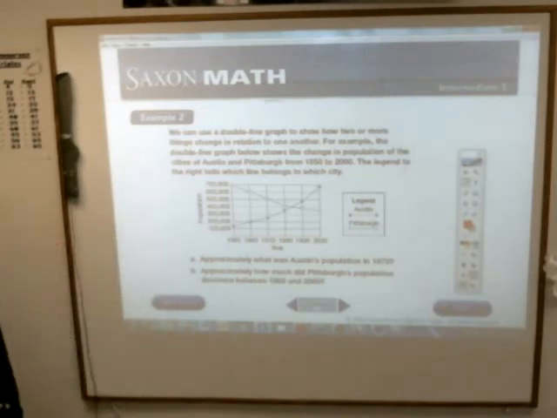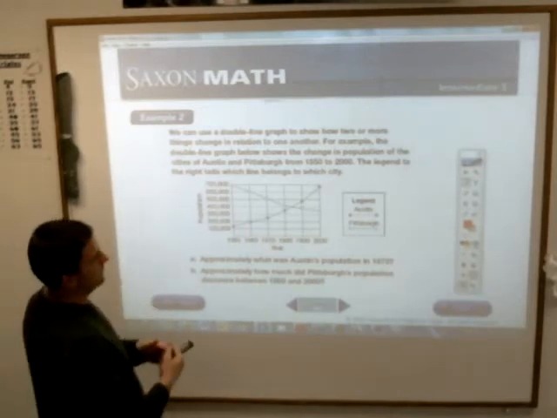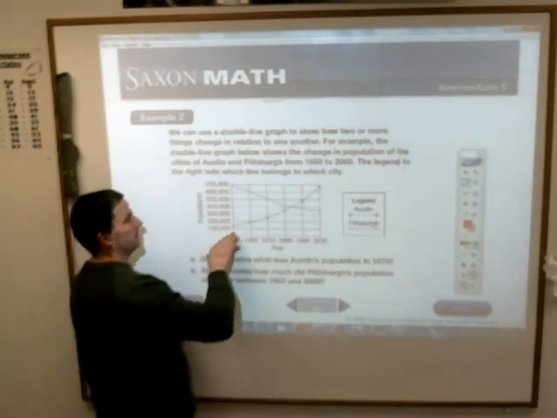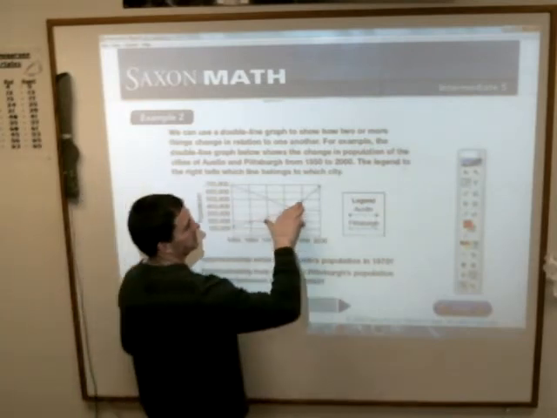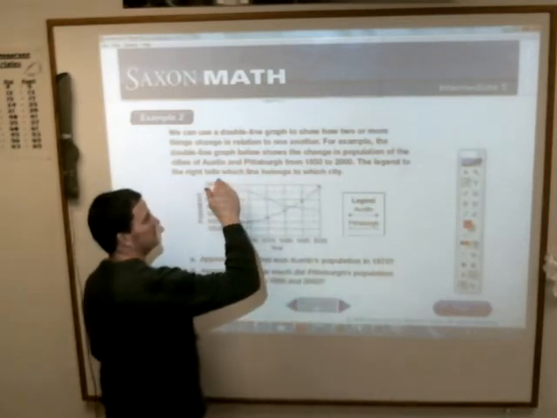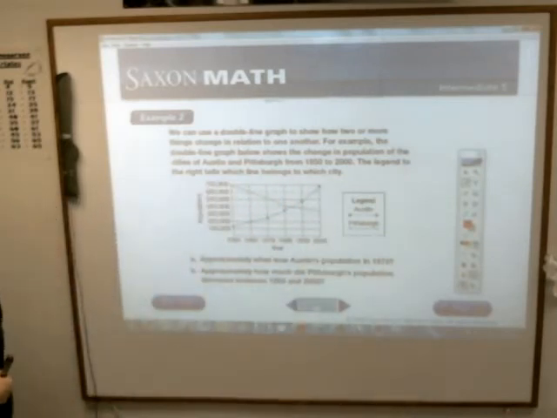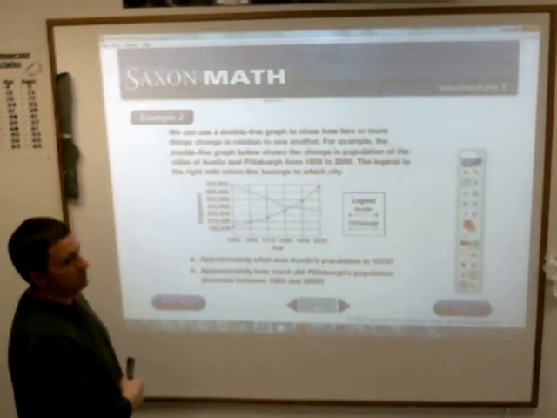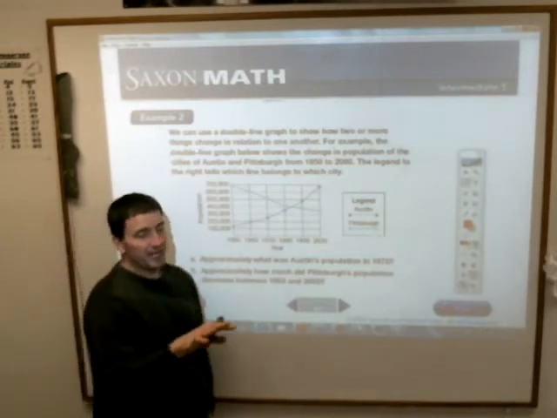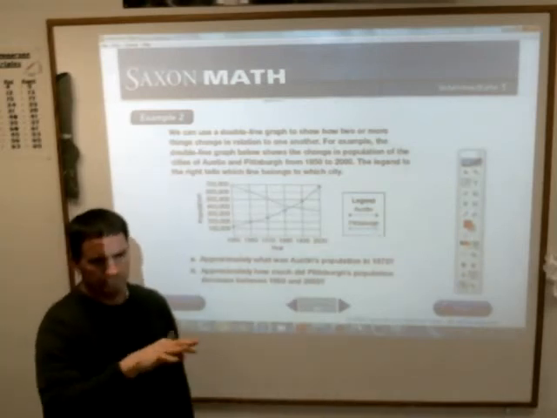Why do you suppose, and again, the broken line graph shows that Austin's population continues to rise while Pittsburgh continues to go down. I'm sure there's a number of reasons, but why would you suppose that is? Ryan? Okay, a lot of people, with our modern day society, jobs aren't so much related to climate.